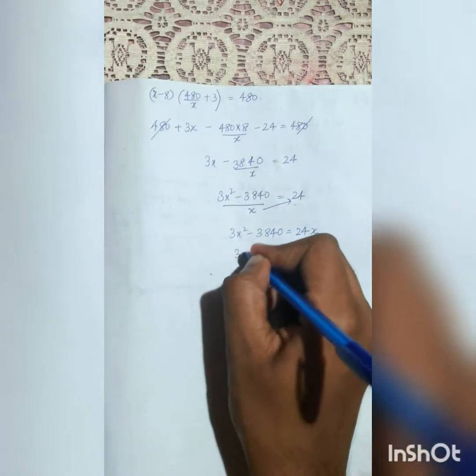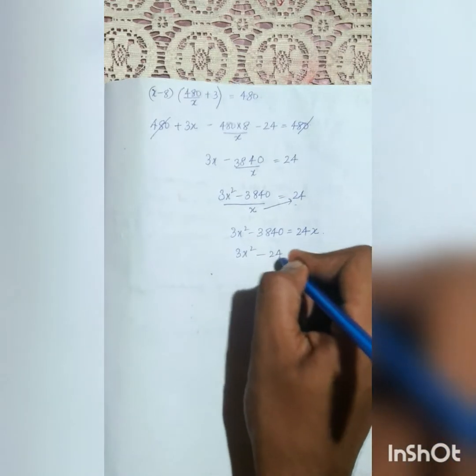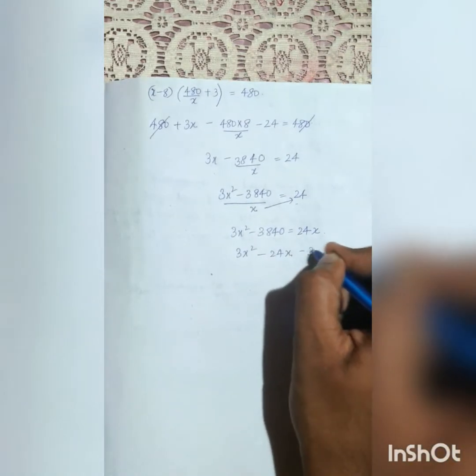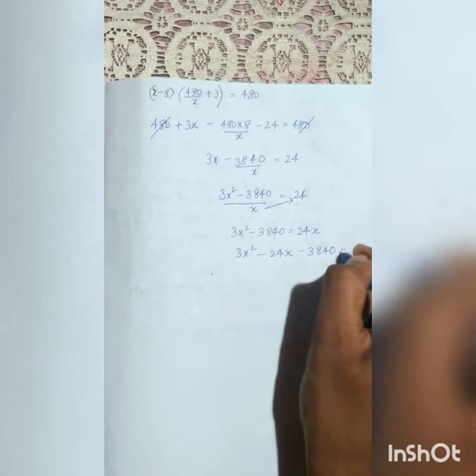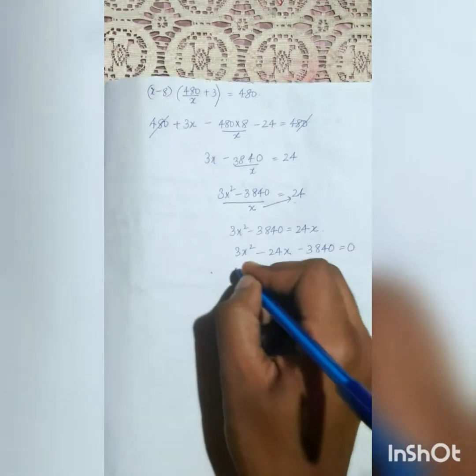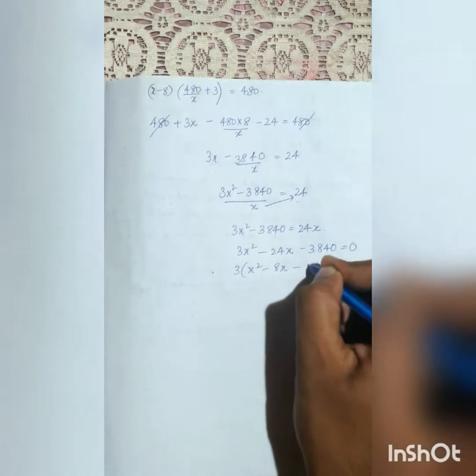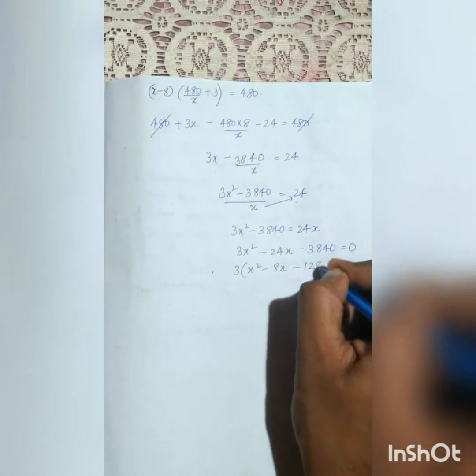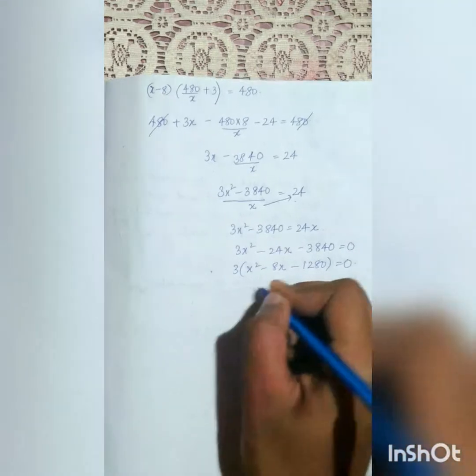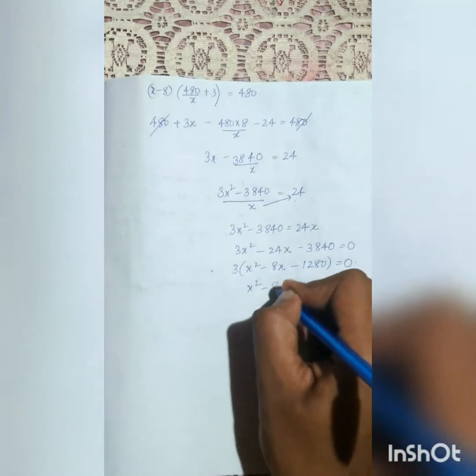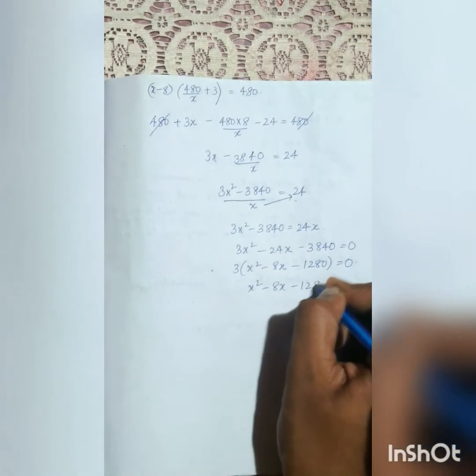So we have 3x square minus 24x minus 3840 is equal to 0. Now 3 can be taken common, so we have x square minus 8x minus 1280 is equal to 0. So we have the quadratic equation as x square minus 8x minus 1280 is equal to 0.